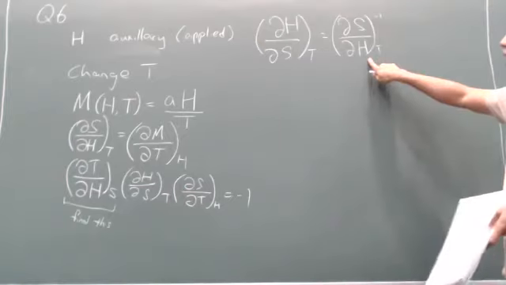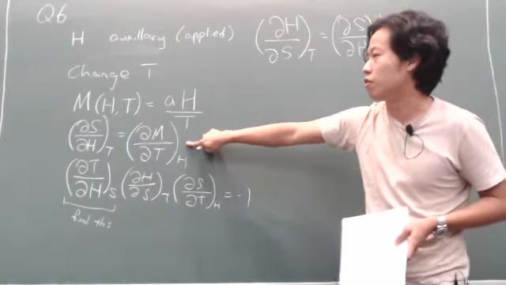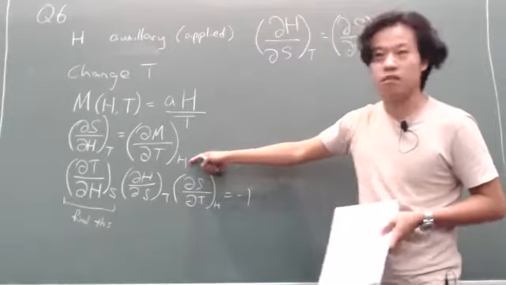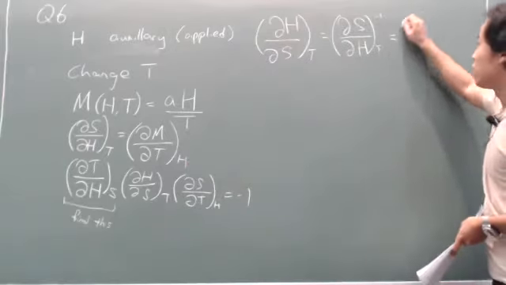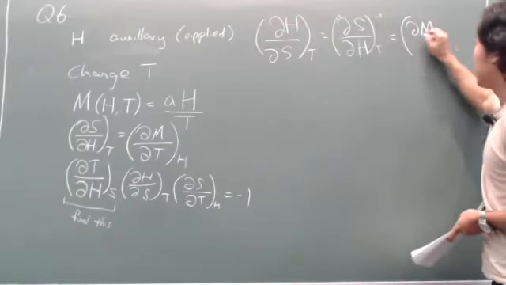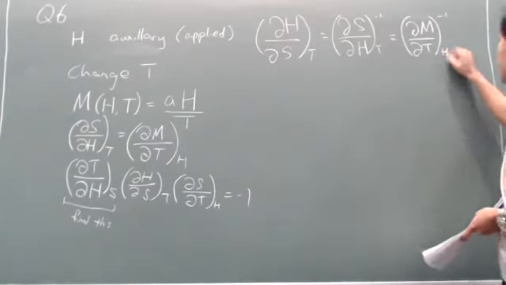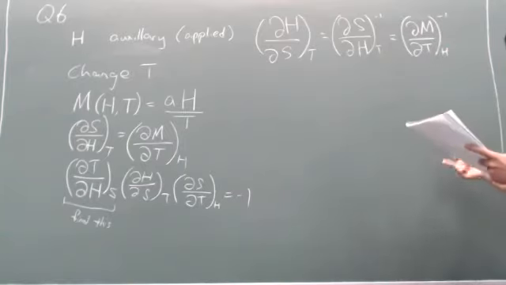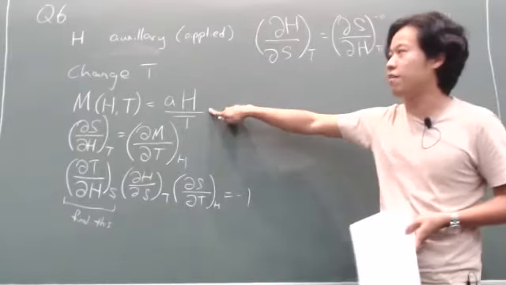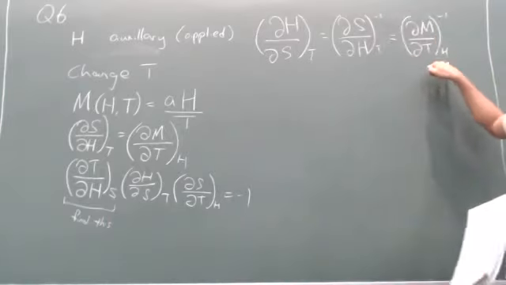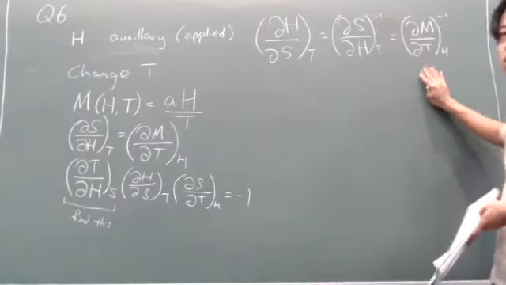And dS/dH at constant T, you can use the Maxwell's equation given in the question to write as dM/dT at constant H, but inverted because we had to take the reciprocal of the whole thing. So this is the same as (dM/dT at constant H) inverted. You can leave this for now because you have an equation of state for M, so you can take this derivative at constant H and plug it into the expression.